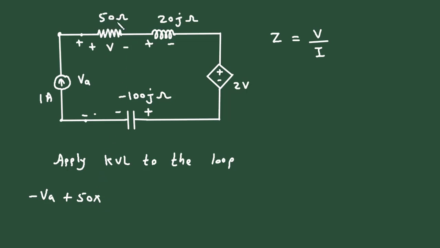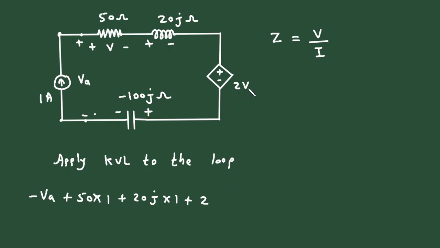We have to multiply this resistance with current. The current is 1 ampere. The current through all of this will be the same because they are in series. So 50 into 1, then plus 20j multiplied with current, again 1 ampere, then plus 2 into V.